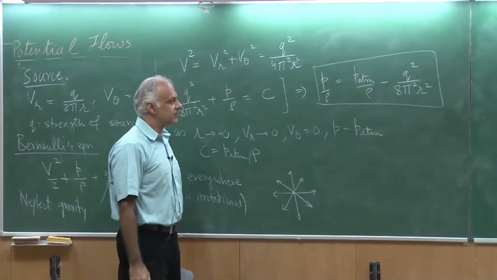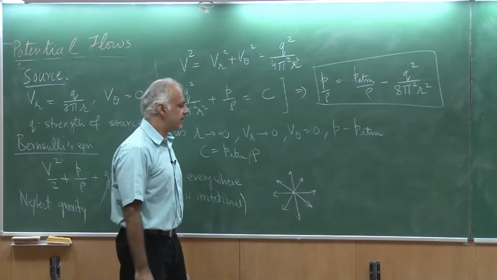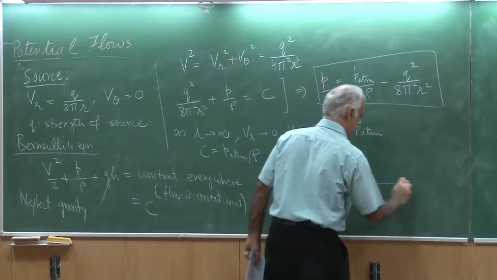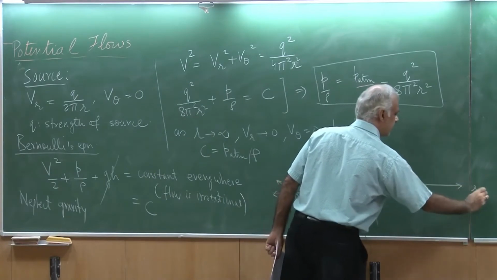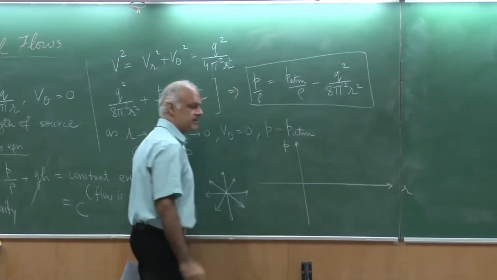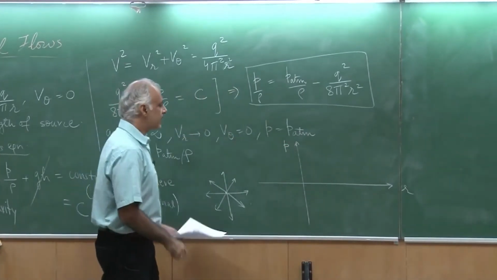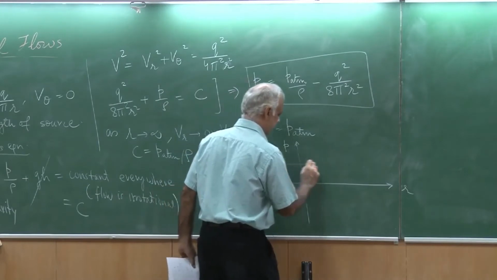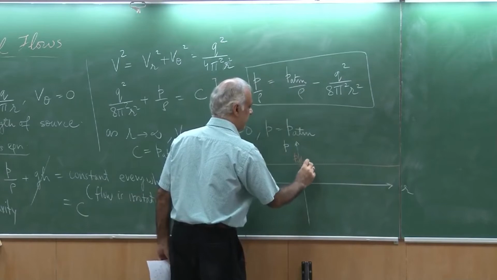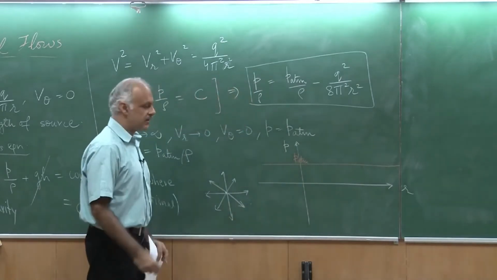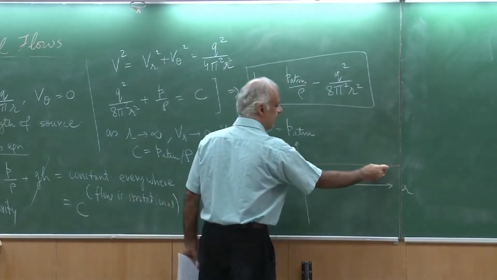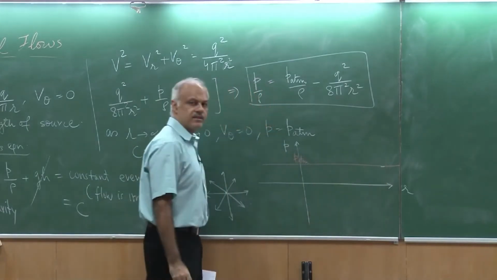Very interesting. Let's try to plot it. Okay. So this is r and this is P. Let me mark here the atmospheric pressure. So this is P atmospheric. What I know is that when r is very large, I am close to P atmospheric.